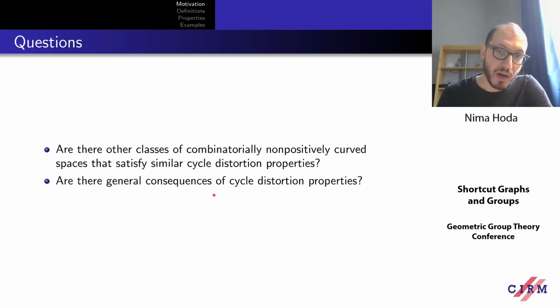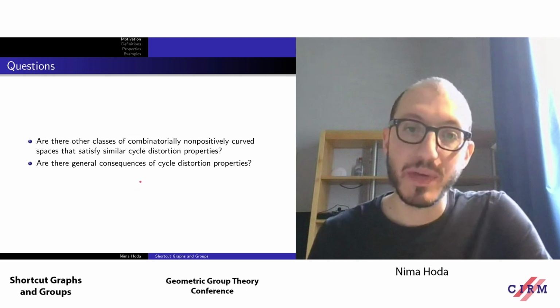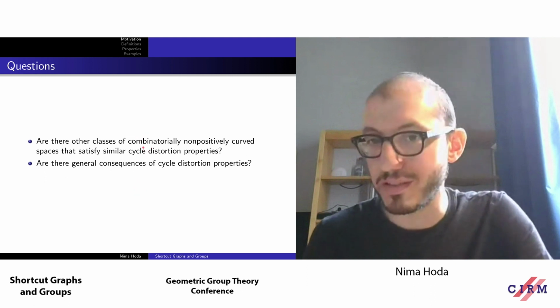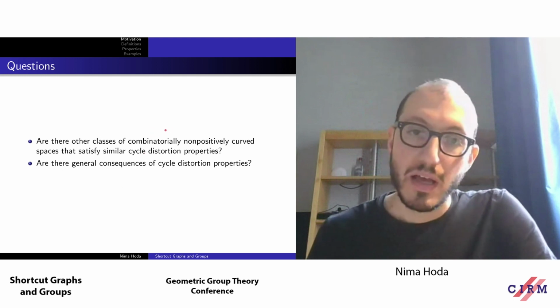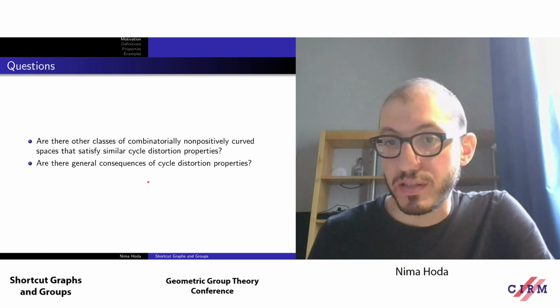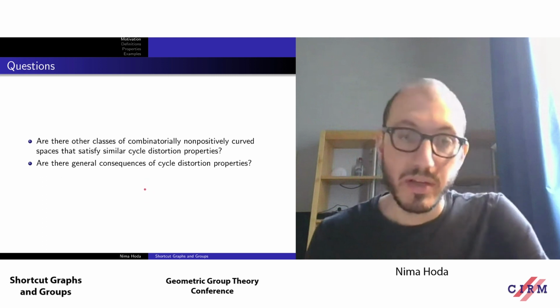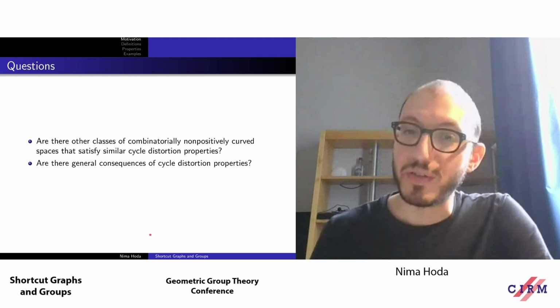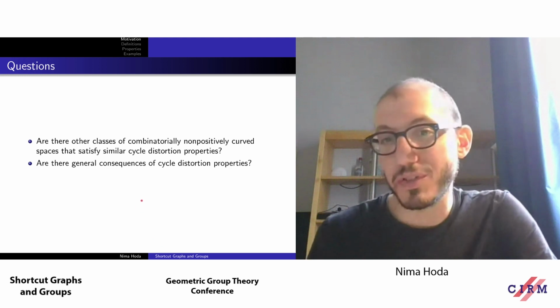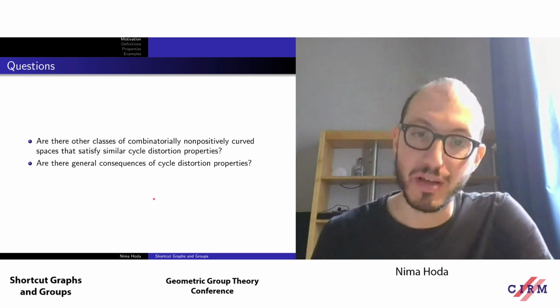Are there other classes of combinatorial non-positively curved spaces that satisfy similar cycle distortion properties? I've already suggested that the answer is yes. And are there general consequences of cycle distortion properties, which we'll also look into? The purpose of the talk is to partially address these two questions.